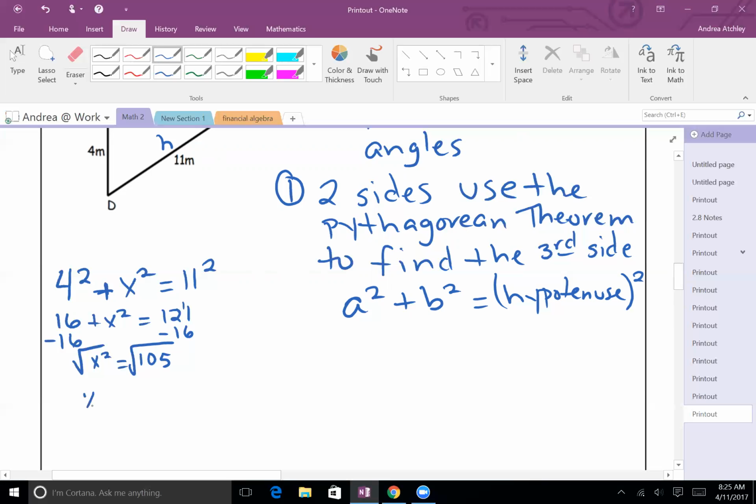Then you're going to get x equals, let's factor this, 5 times 21, and then 3 times 7. Do I have any pairs that I can pull out? Nope. So it's just going to be x equals the square root of 105.